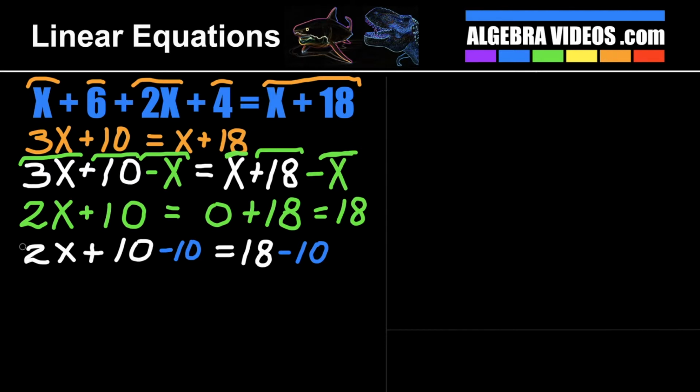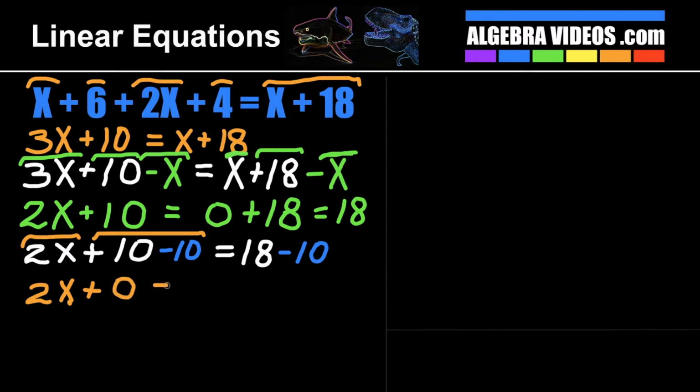So this 2x right here, I'm just going to rewrite it as 2x plus 10 minus 10. This whole term here of 10 minus 10, that is 0.